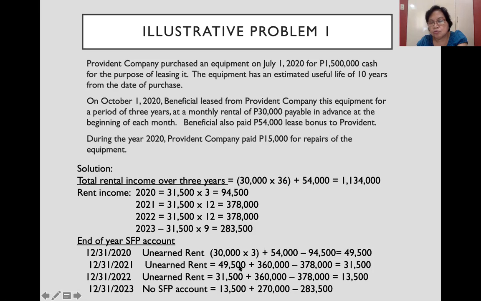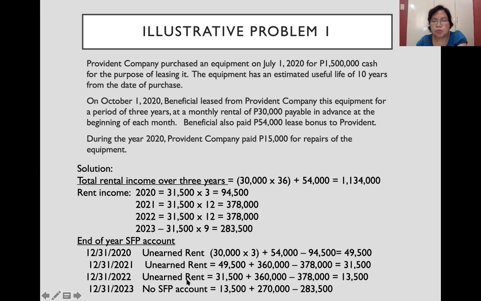So still, accumulated collection exceeds the rent income recognized for the year. So we have an unearned rent of 31,500 at December 31, 2021.